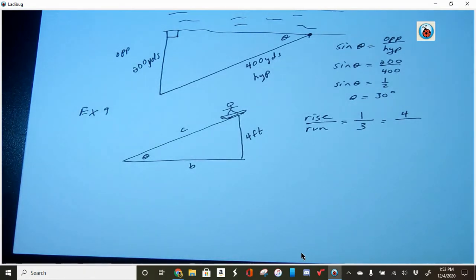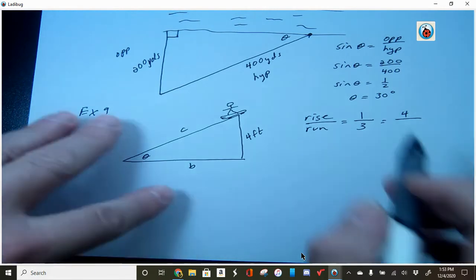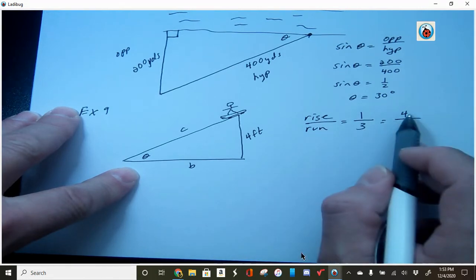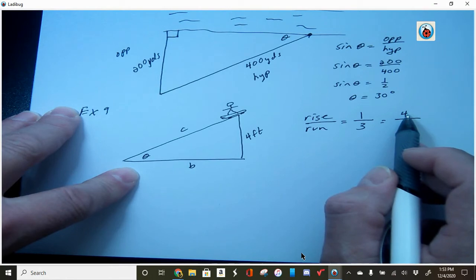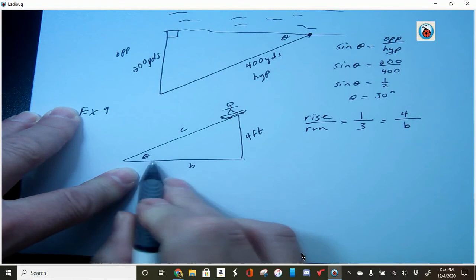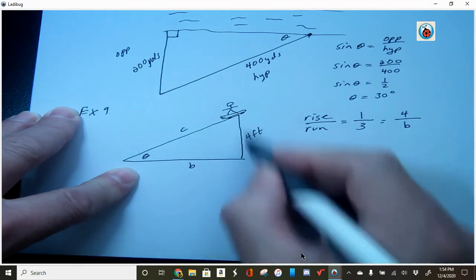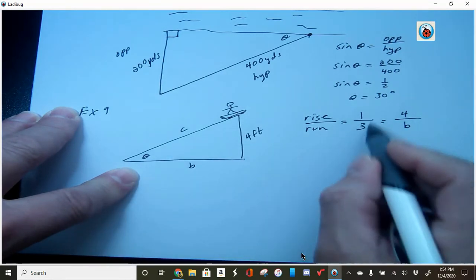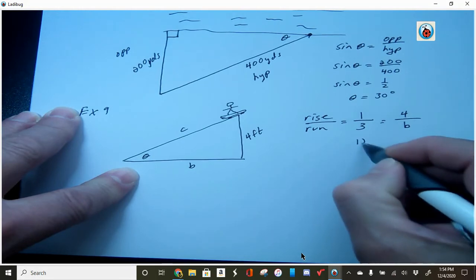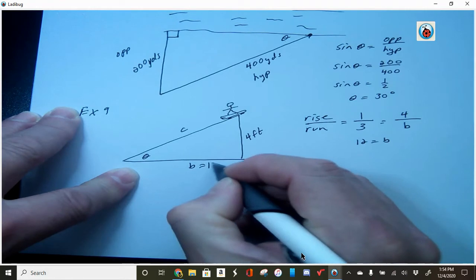And we want to find the measure of angle theta. All right, so we know the slope of this ramp should be 1 over 3. We know the height of the skateboarder at the very top of the ramp is 4 feet high, and that's going to be your B because it's right here, okay? Rise over run, and that's what we're comparing it to. So if we solve this by cross multiplication, we get 12 is equal to B, so B is equal to 12.